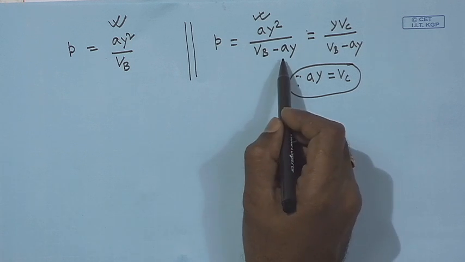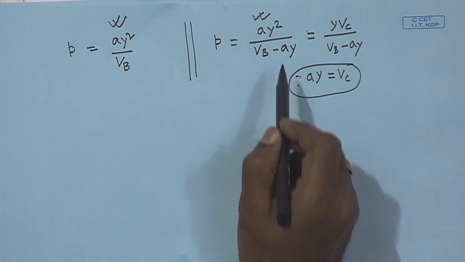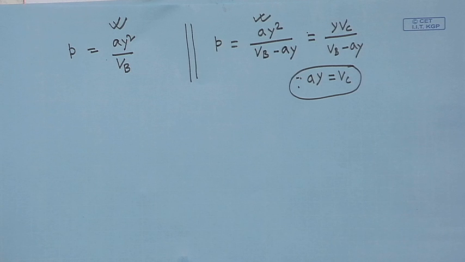Since A y is small, we can neglect A y in comparison to V v.